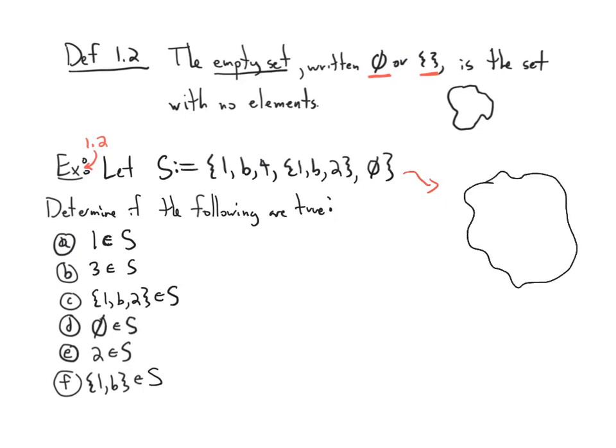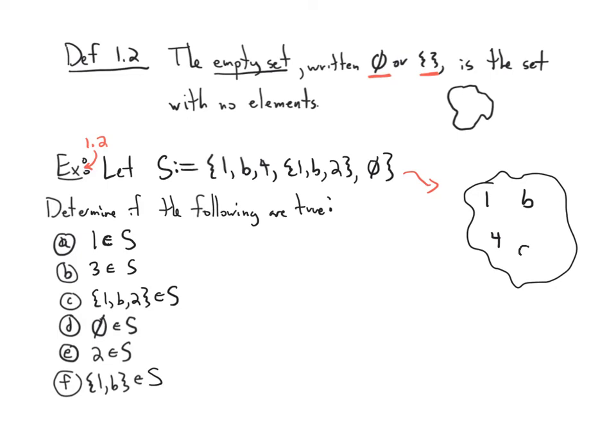And what's in this bag? Well, a 1 is in this bag. A B is in this bag. A 4 is in this bag. And then we have another set in this bag. And this set has the elements 1, B, and 2 in there.